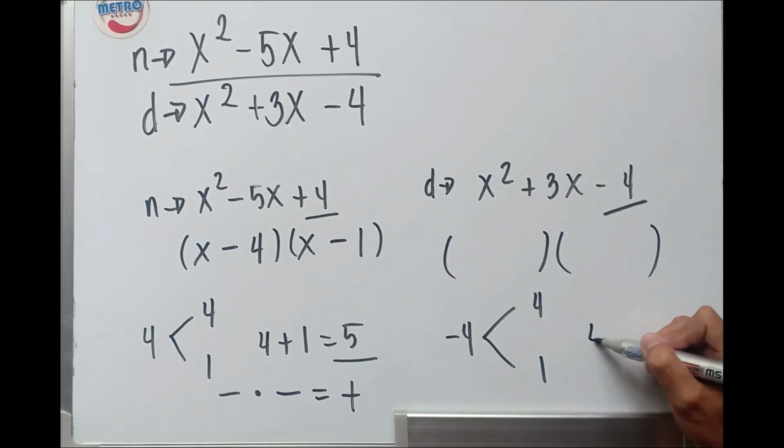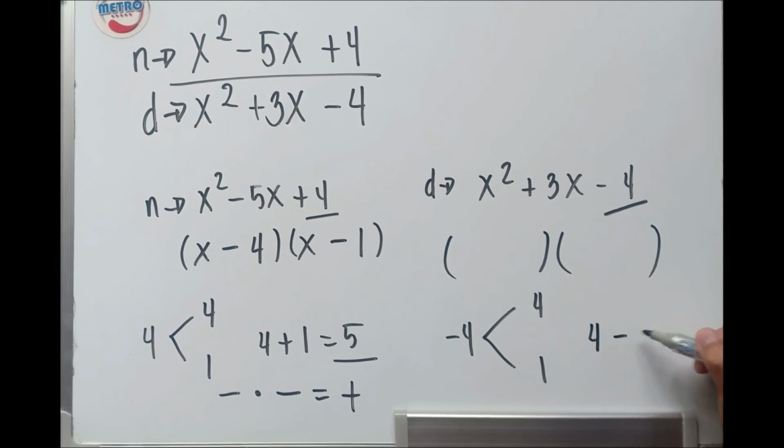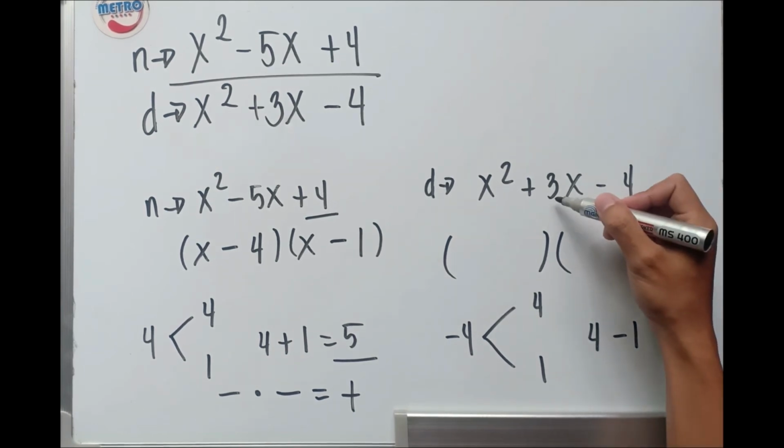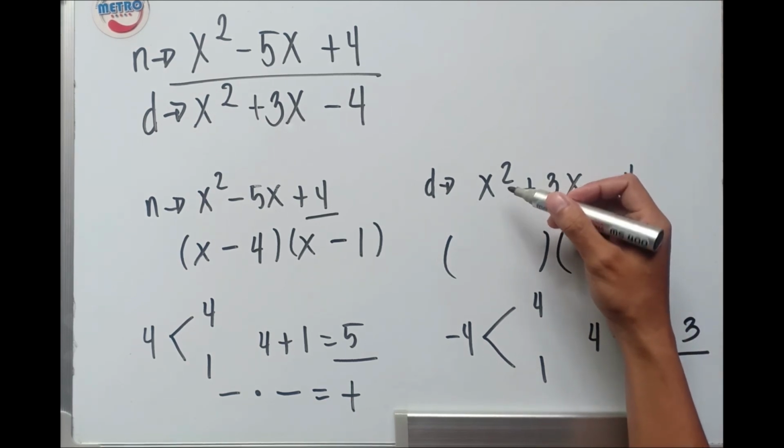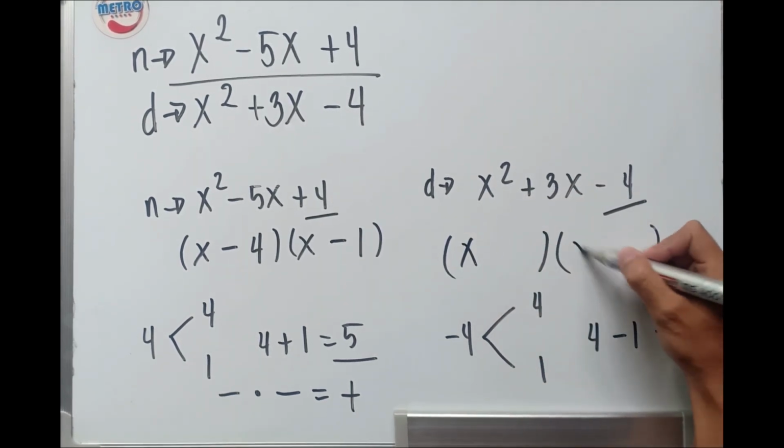Let's say we have 4 minus 1. 4 minus 1 is equal to 3, and this number is equal to the value of b, or our middle term. Then we can say that 4 and negative 1 are the numbers that we will use in these factors. Again, x squared is equal to x times x.